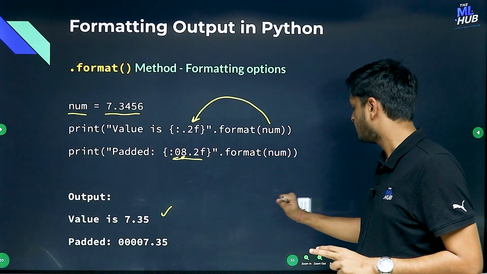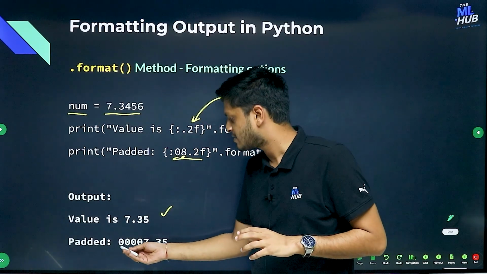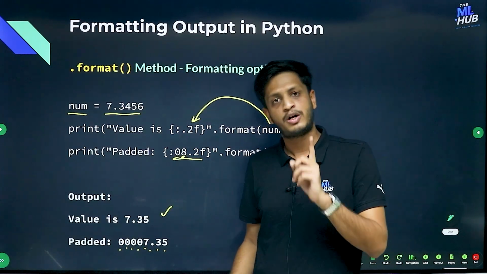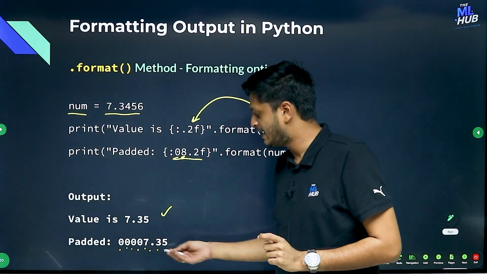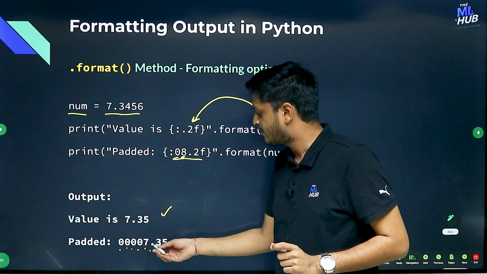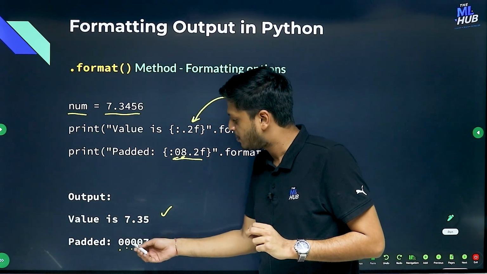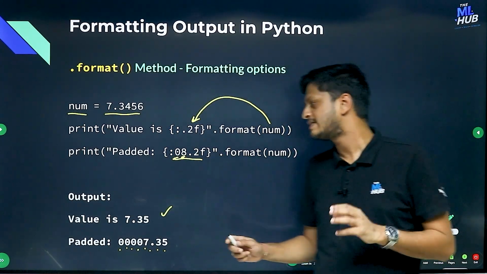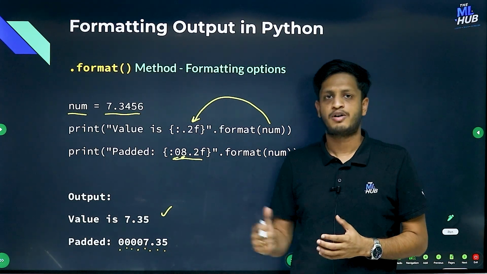So what will happen? The output will be this much. So see, we have used exactly 8 spaces. 1, 2, 3, 4, 5, 6, 7, 8. Decimal point also counts as a valid space. It takes up space, right? So exactly 8 spaces are used, and after decimal point only 2 points are printed, and it is left padded with zeros. Okay, so that's what it is. So the same padding rules which we saw in f strings can be used in format function as well.